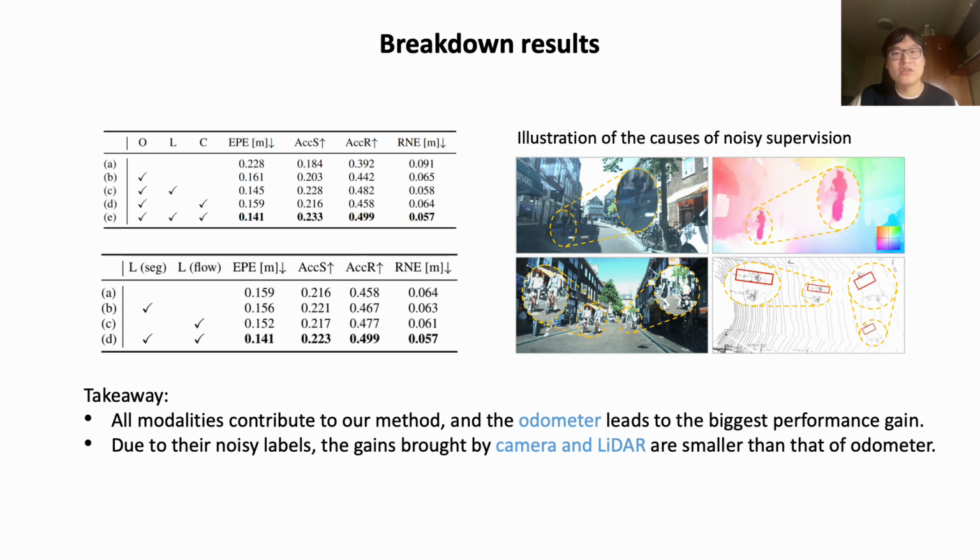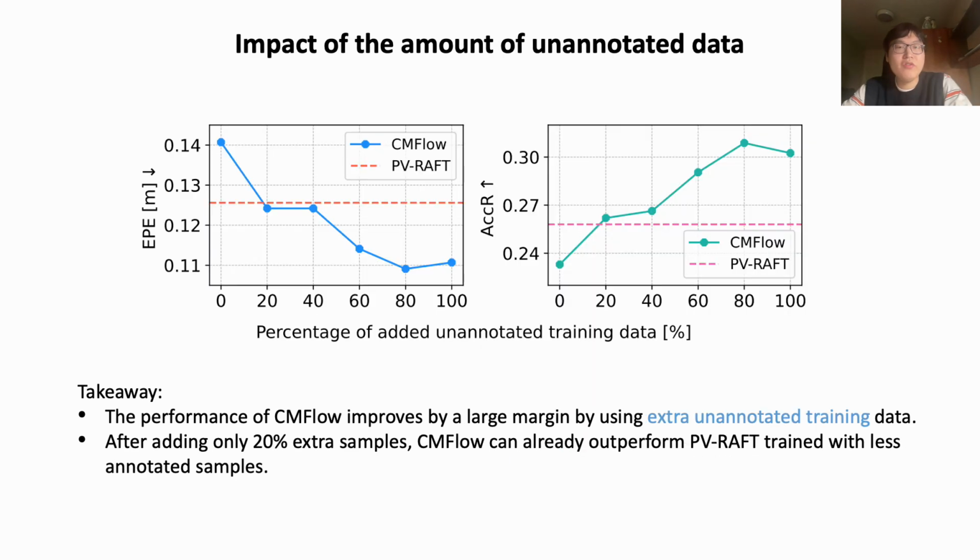We also analyze the causes of noisy supervision signals from camera and LiDAR. We further mix in an extra amount of unlabeled data for training to see the change of our performance. After adding only 20% of extra samples, our method can already outperform PV-RAFT trained with fully annotated samples.